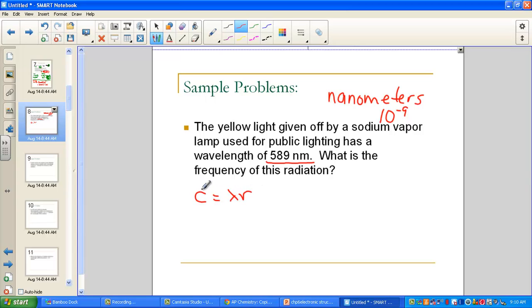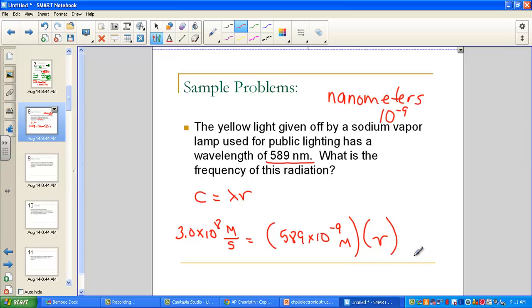C equals lambda nu. The speed of light constant is equal to the product of wavelength times frequency. Since our speed of light constant is given to us in meters per second, the wavelength must be in meters. So simply write that out as 589 times 10 to the -9th meters. It's an easy way to exchange the nanometer into a meter.